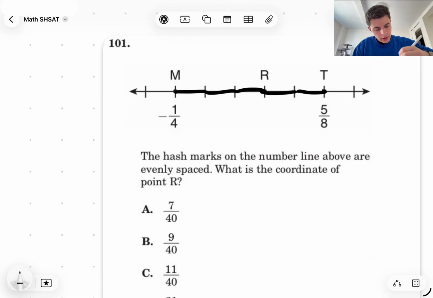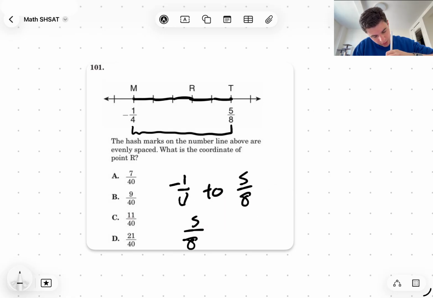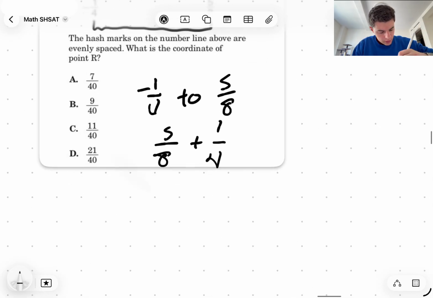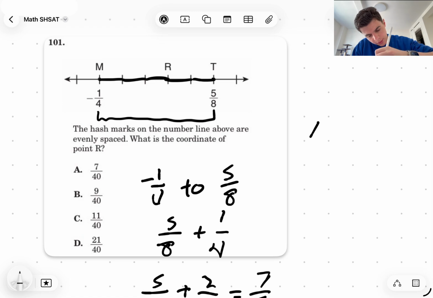And we know that the total distance is, well, we're going from -1/4 to 5/8. So our total distance is going to be 5/8 plus 1/4, right? Well, let's just do that quickly. So 5/8 plus 2/8, I'm just getting a common denominator, equals 7/8. So the total distance between these two is 7/8. And we know that there are 5 hash marks.